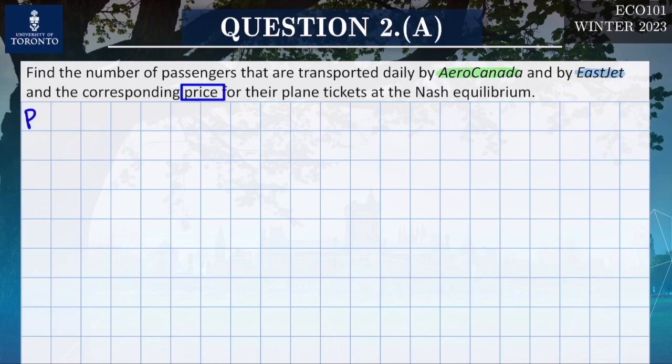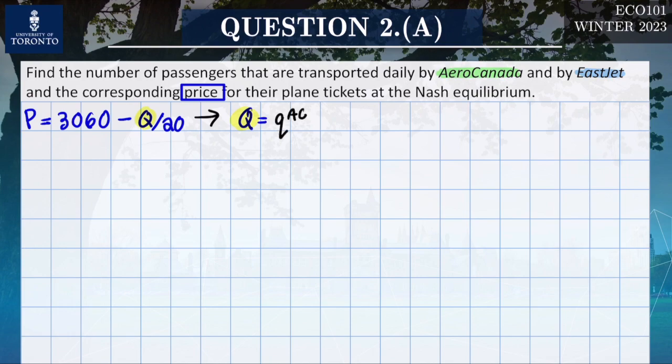So let me just rewrite the demand function that we have. This is my inverse demand function that I just found before. And the quantity that we have here in the demand function is the market quantity. And this is a duopoly market. So we have two firms producing some quantity at the same time.